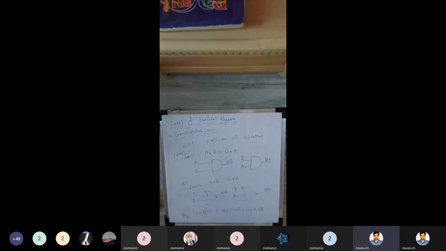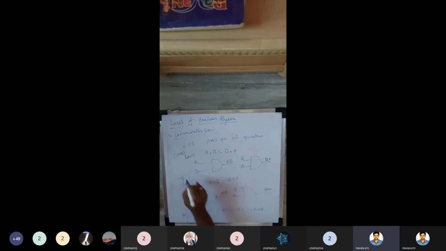A plus B plus C is one way I can give the inputs. You can also give it by changing the position of the inputs as A C B, or C A B. Whichever way I give it, the output is the same.